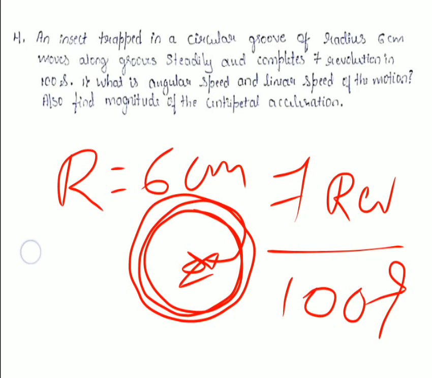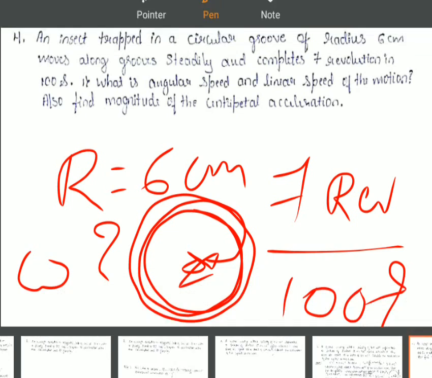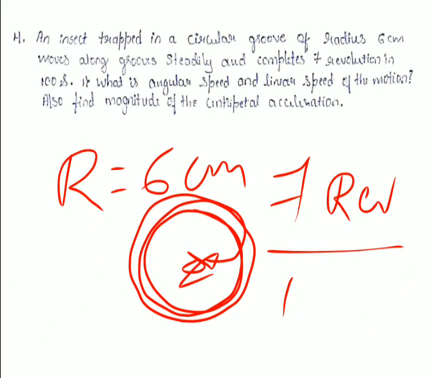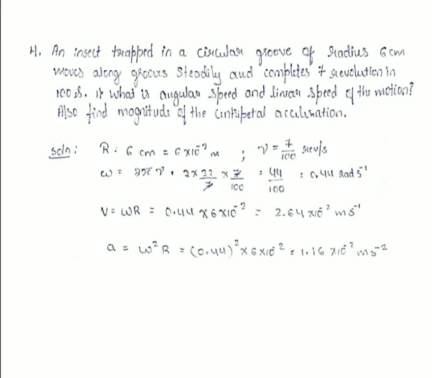So what you have to find out: the angular speed, the omega value, and also the linear speed, the v value. Here R is equal to 6 centimeter; convert it into meter. The frequency nu is 7 upon 100 revolution per second.